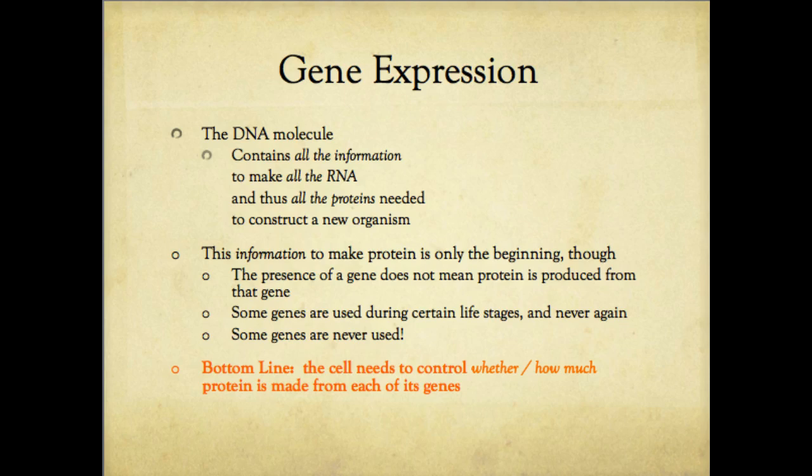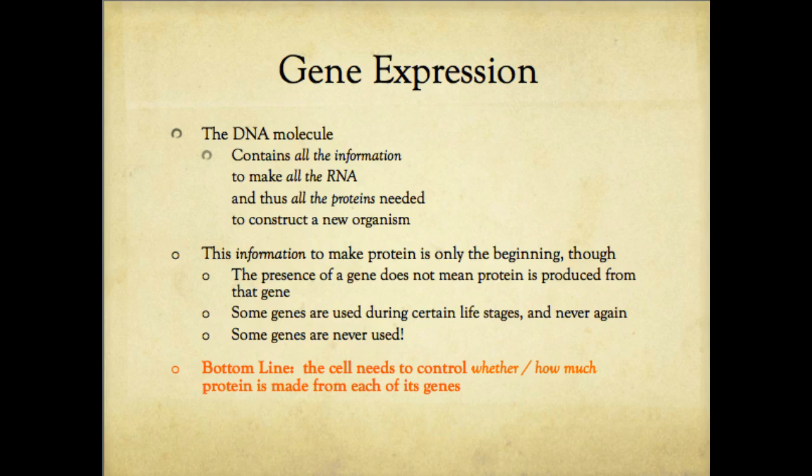There are some genes that are never used by cells. The DNA is there, but it's never expressed. There are other genes that are only used during certain times during the lifetime of a cell. For example, there are genes inside of you that are only transcribed and translated when you were an embryo, and then they will never be used again. There are genes that are only transcribed and translated during infancy, during childhood, at puberty, if you're a woman, during pregnancy.